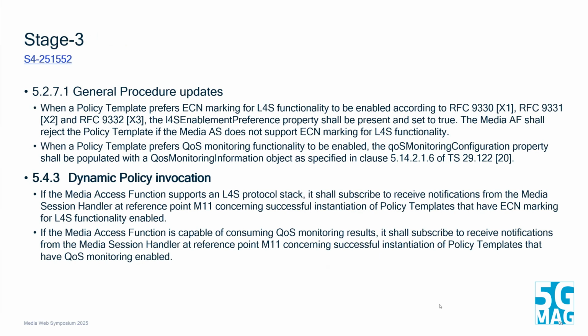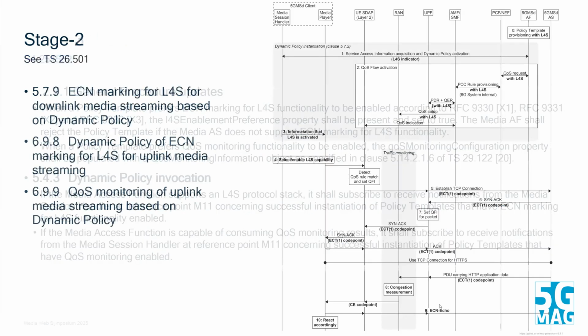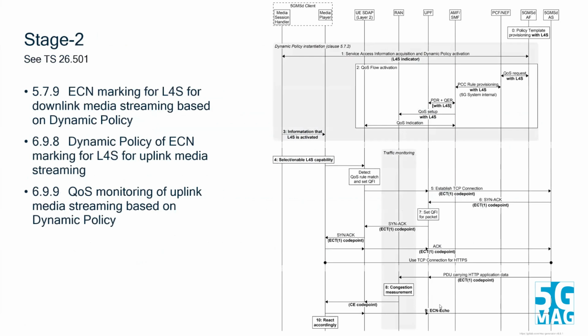Okay, I can very shortly say something on it. So the ECN marking is basically the feature that within the 3GPP network, ECN marking can be applied for early congestion notification. So this is a feature that can be enabled via 5G media streaming framework.